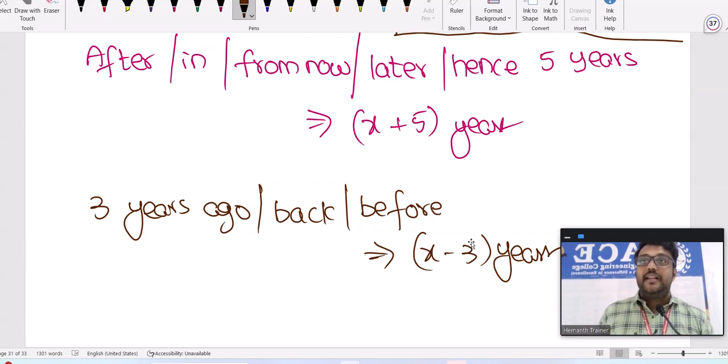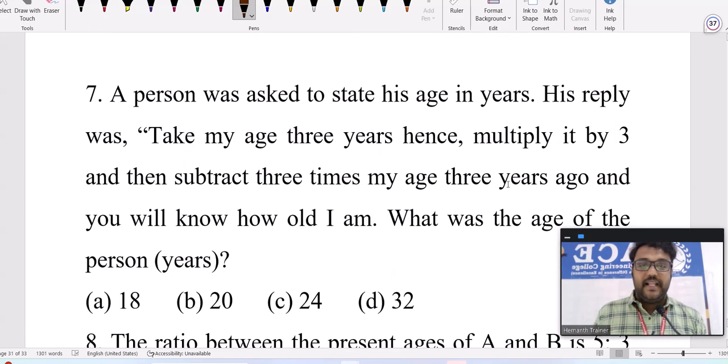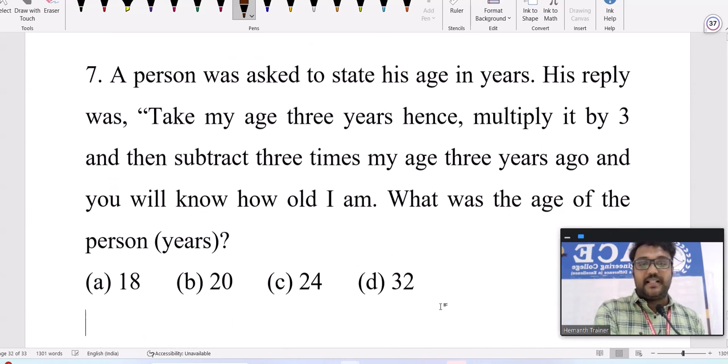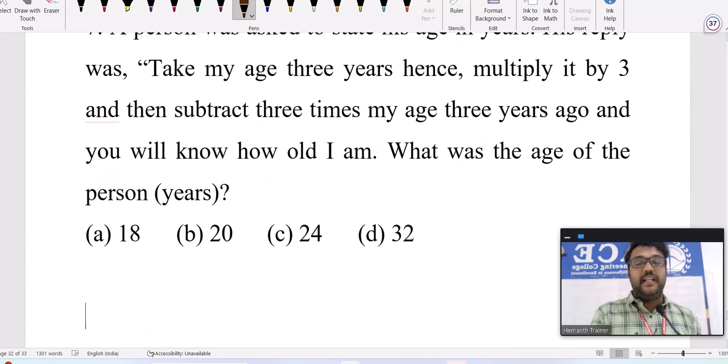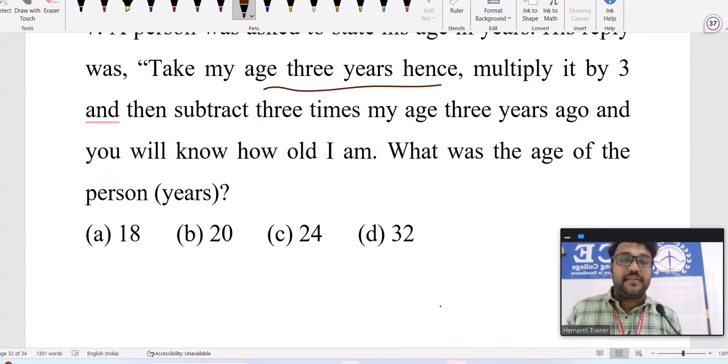So instead of giving the direct answer, he replied: take my age 3 years hence, multiply by 3, then subtract 3 times my age 3 years ago. If present age is x, 3 years hence is x plus 3.